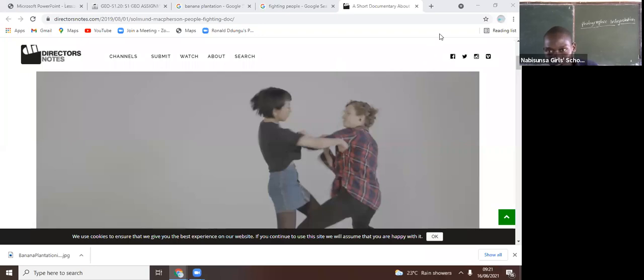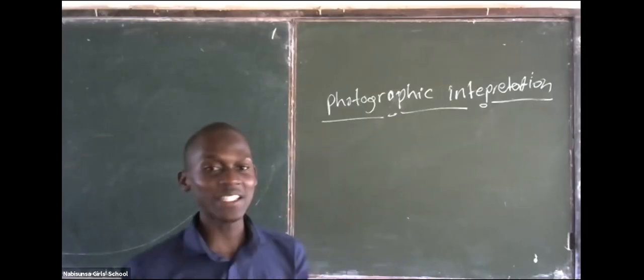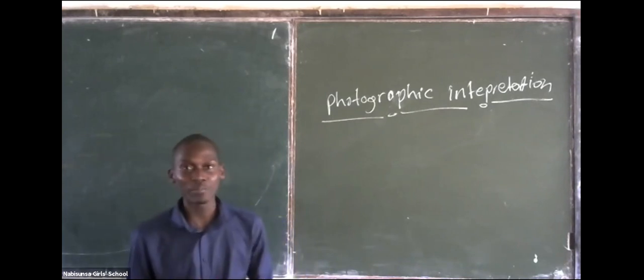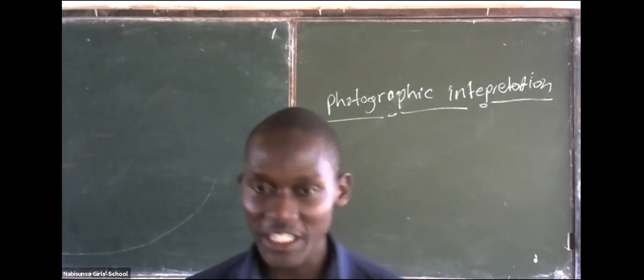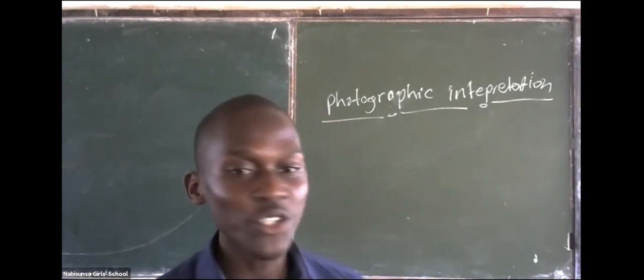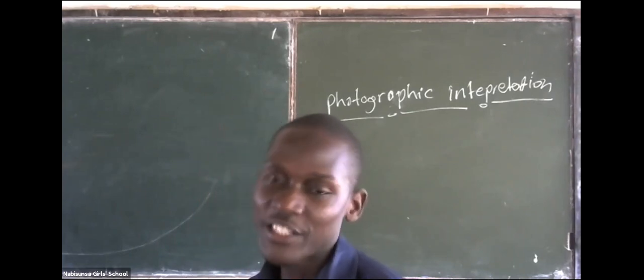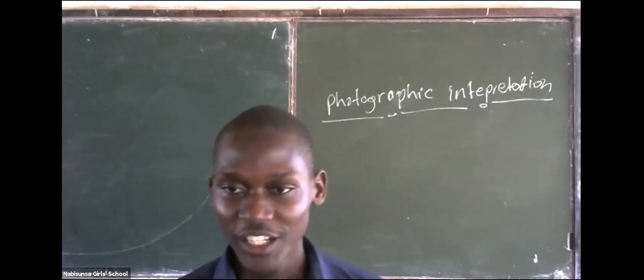Thank you. So now we go back to the definition. Now I think you can understand what we mean by photographic interpretation. In geography, we are going to be seeing different pictures, and we interpret the information and use it to answer. Just ask yourself, why in the newspaper do they put pictures?